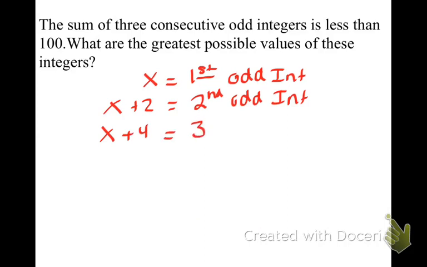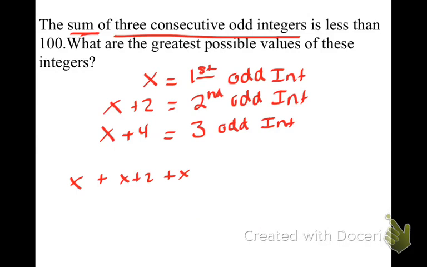So that will be our third odd integer. And so now we're going to do the sum of 3 consecutive odd integers, x plus x plus 2 plus x plus 4 is less than 100.